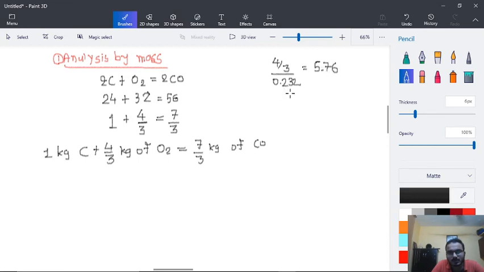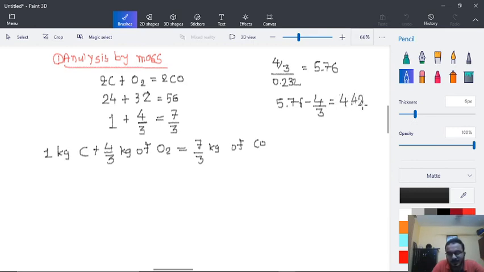I will be doing this kind of short calculation, and out of this 5.76, if we remove the oxygen part, that is this, then it will be, sorry, here it will be 4.42 kg.